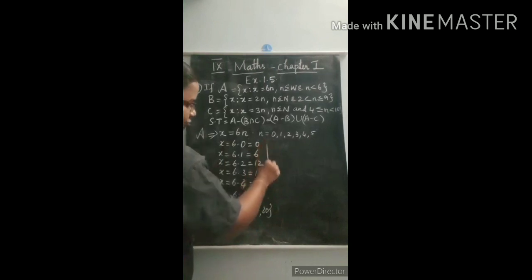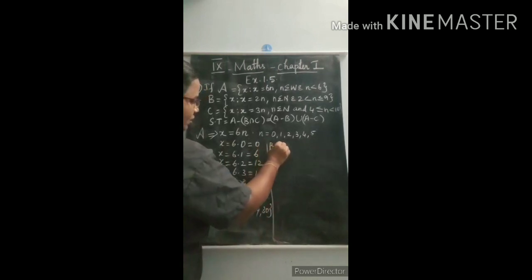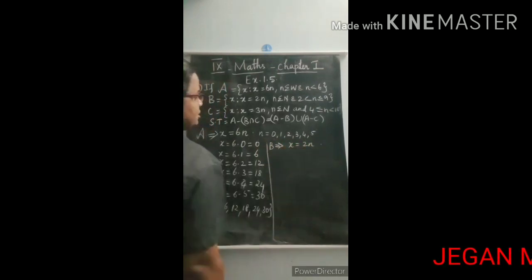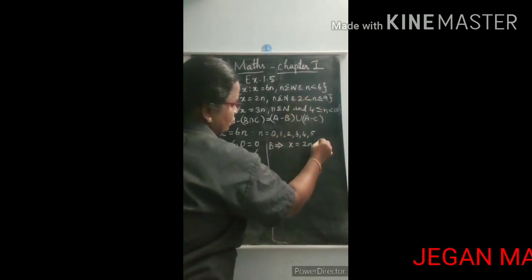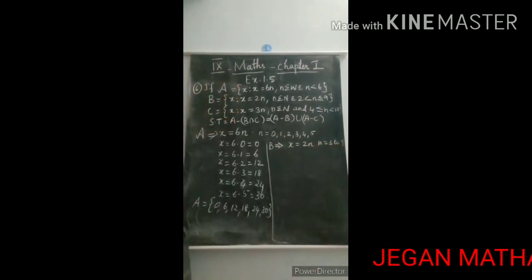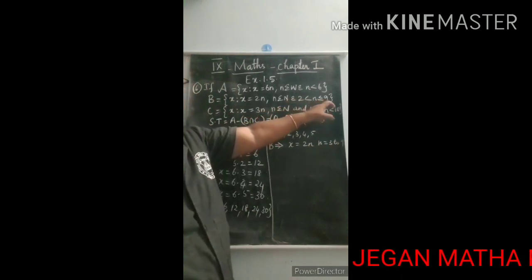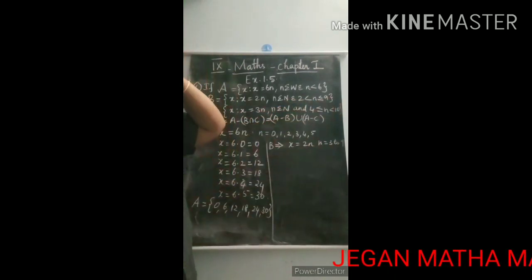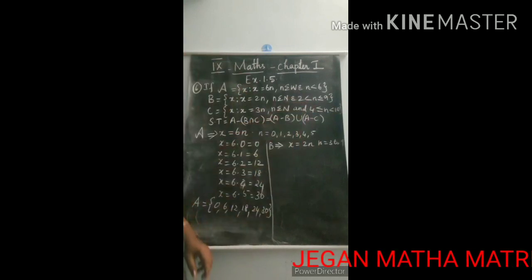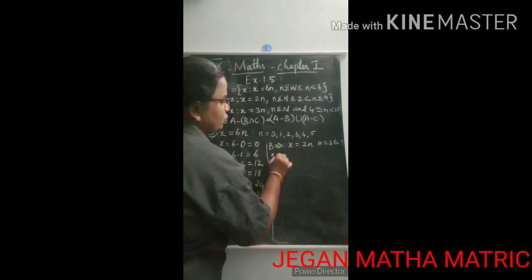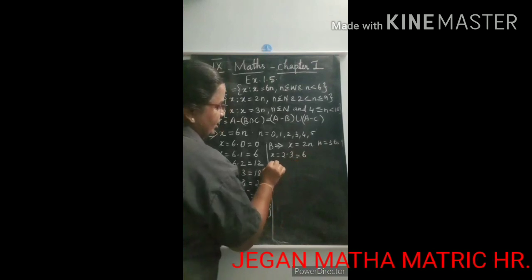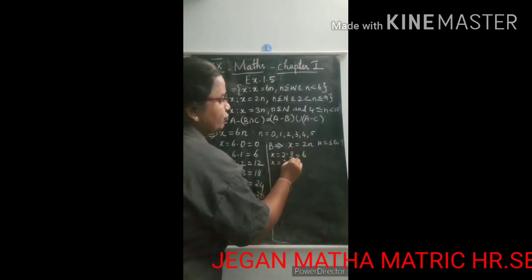And next we have to find out B. For B we have to take x is equal to 2n. So what is the condition? n is equal to 3 to 9, because 2 less than n less than or equal to 9. So first you substitute x is equal to 2 into 3, 3 2s are 6, and x is equal to 2 into 4.